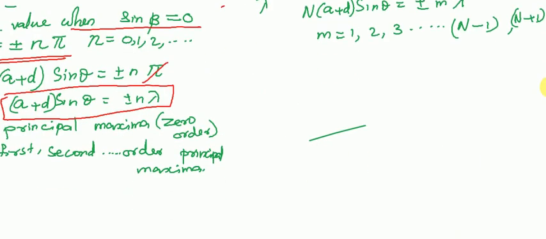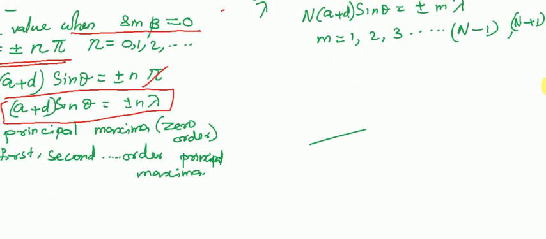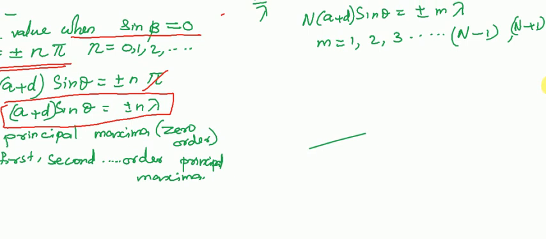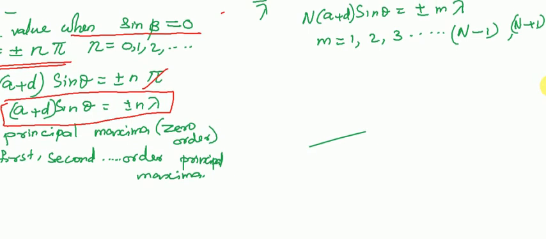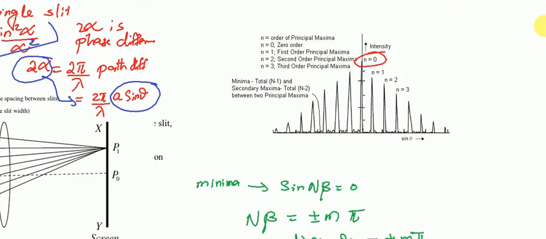And similarly, when n equal to 1, 2, 3, etc., in this equation, those positions correspond to the first order, second order, third order, etc., principal maxima. So that is the explanation for the formation of the 0 order, first order, second order, third order principal maxima in the case of n-slit diffraction.